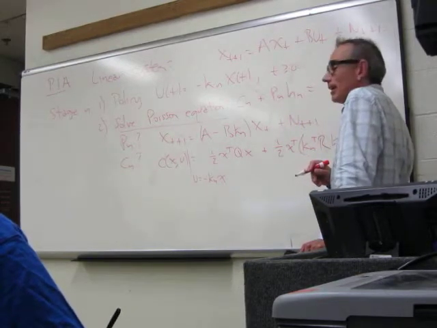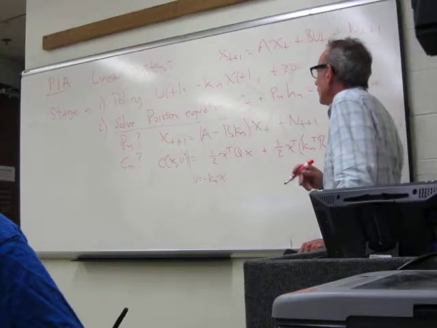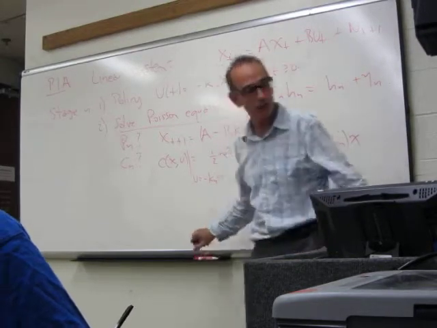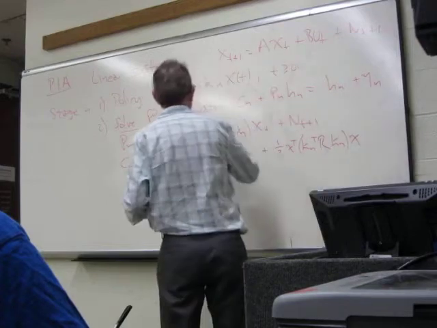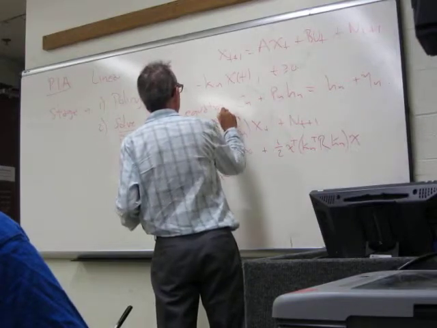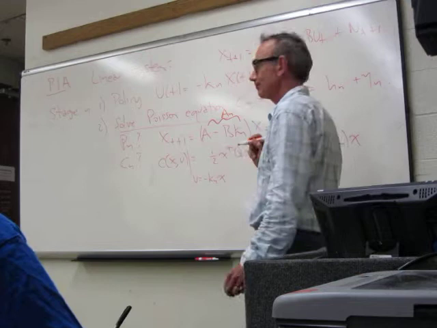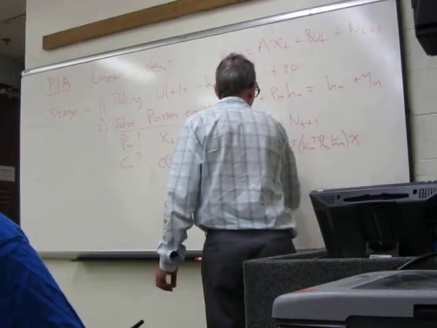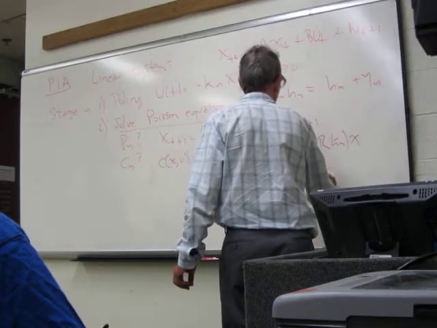All right. So what happens is that what you get is, get out your different colored pen. We just have an uncontrolled model. There's an An there. And this is just 1/2 x transpose Qn x.